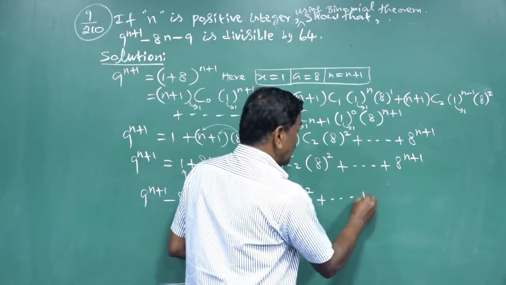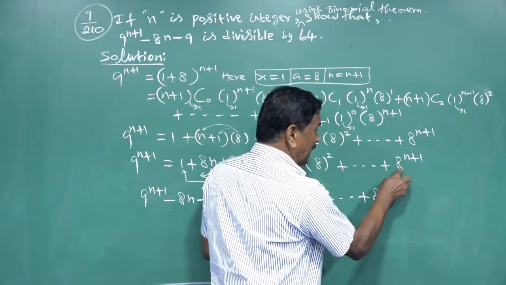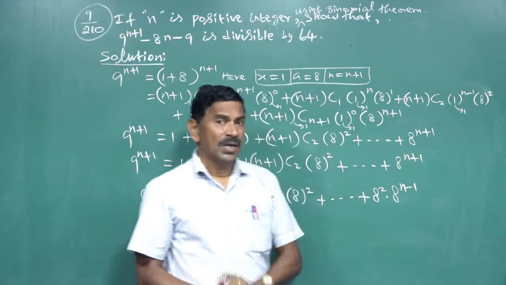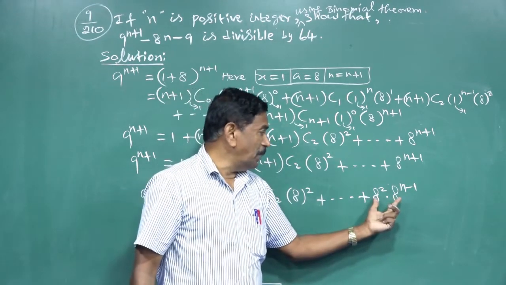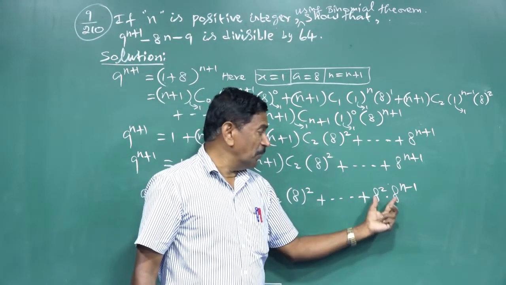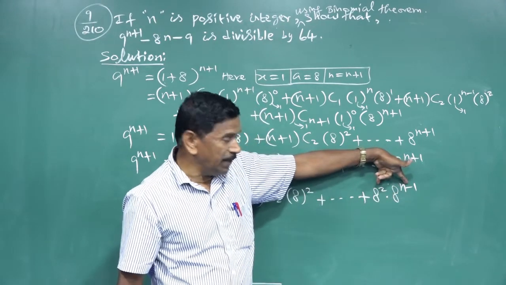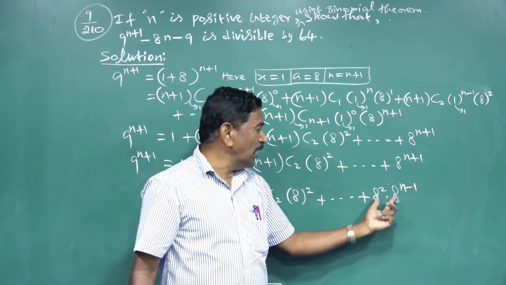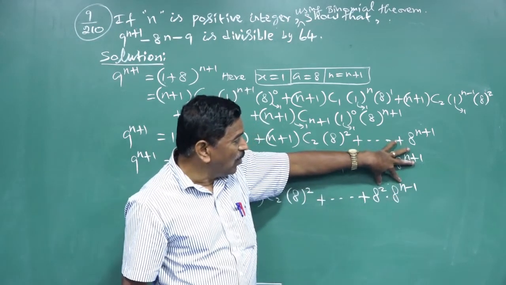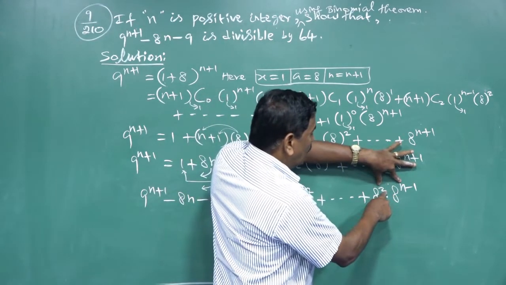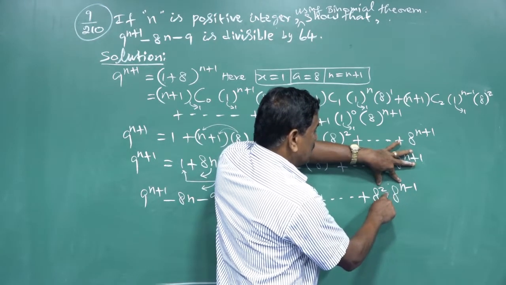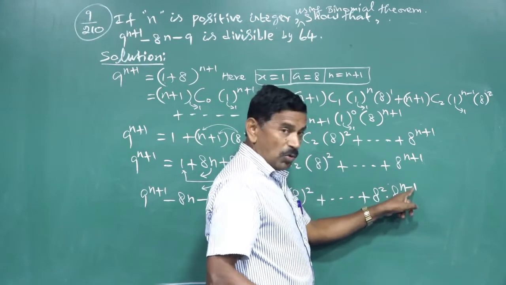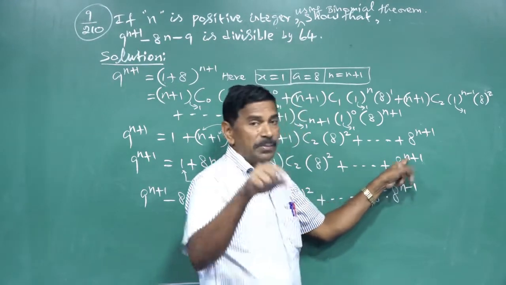So plus etc., plus, this can be rewritten as 8 square into 8 power n minus 1. If you have a doubt, 8 power 2 into 8 power n minus 1: if the bases are equal, then the powers are added. Here bases are equal, powers are added. While adding 2 plus n minus 1, that is 2 minus 1 equal to 1, that is n plus 1. So we get the before step.